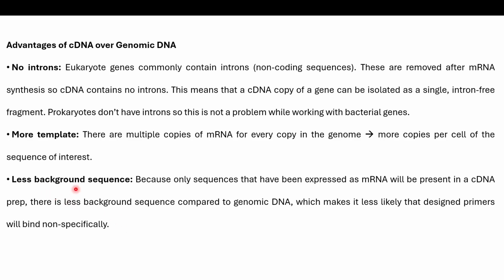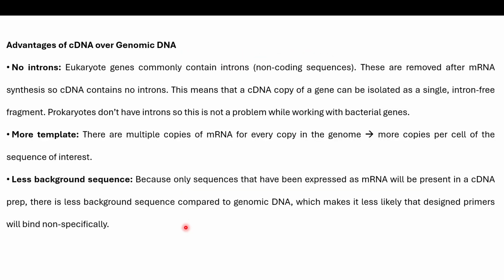So there will be less background sequence in case we are dealing with complementary DNA, because the mRNA has a specific sequence, and the primers that we are putting into the reaction mixture will be very specific to our sequence of interest, as compared to genomic DNA, which is a very long stretch of nucleotide sequence and can have multiple non-specific areas where our designed primers can bind and give non-specific, amplified products.